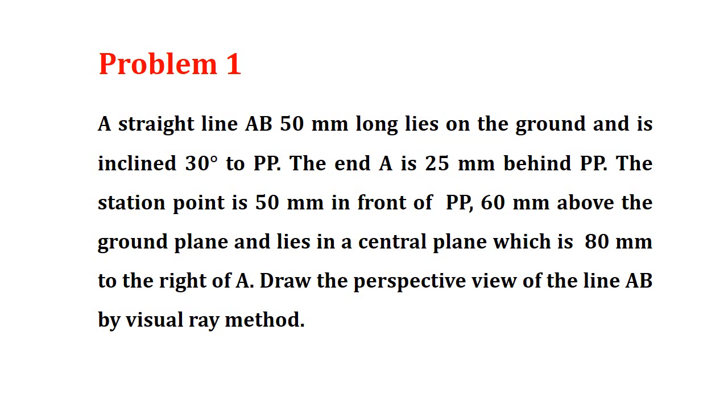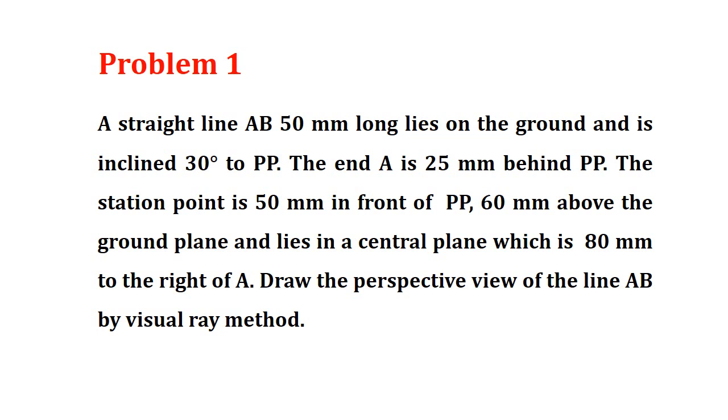The station point is 50 mm in front of PP, 60 mm above the ground plane, and lies in a central plane which is 80 mm to the right of the point A. Draw the perspective view of the line AB by the visual ray method. This is our problem.